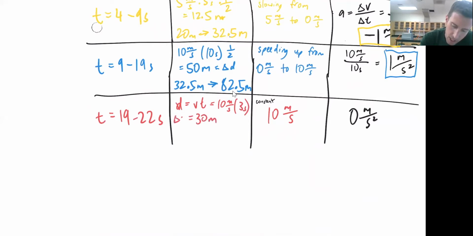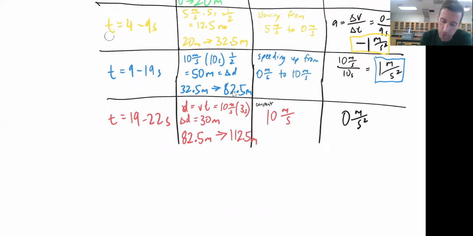And that's my change of distance. So I'm going from 82.5 meters to add 30, 112.5 meters. So at 19 to 22 seconds, I'm going 82.5 to 112.5 meters.